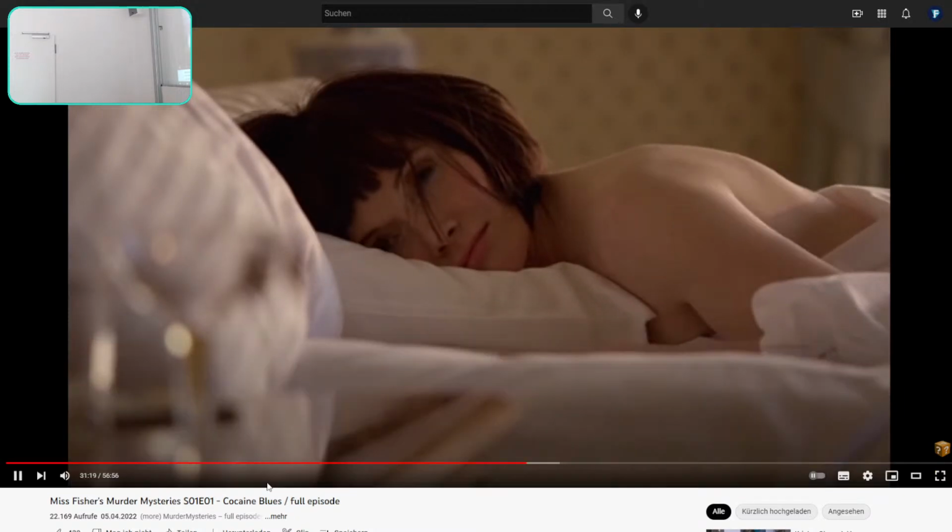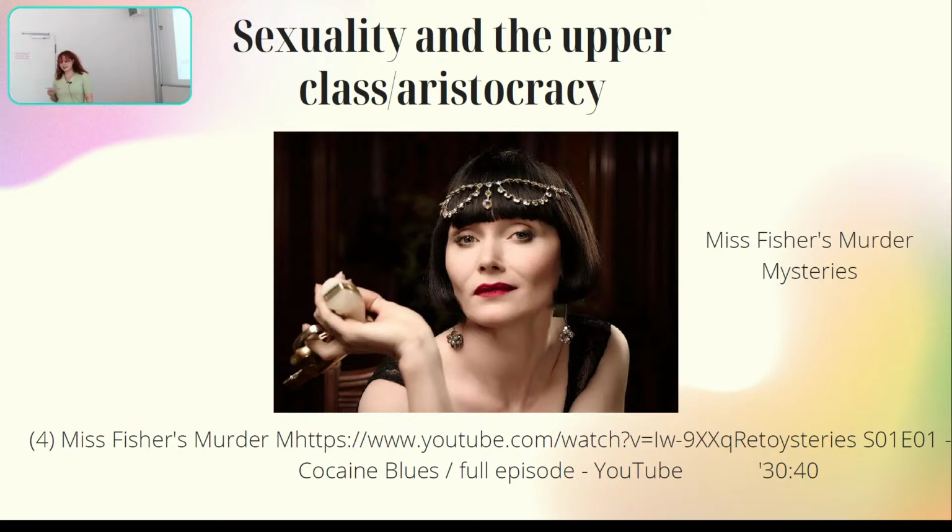Already enough, thank you. So, just for your information, this is from a show called Miss Fisher's Murder Mysteries. Miss Fisher is a lady detective in her 40s, unmarried, with many lovers, and chooses to work as a lady detective but doesn't have to. So here you can see how differently her sexuality is treated.